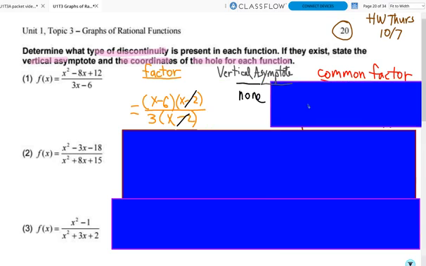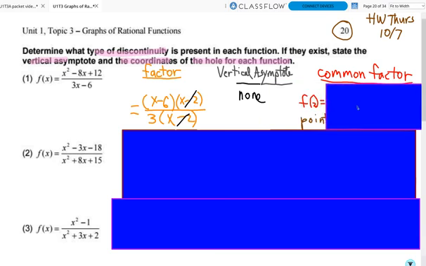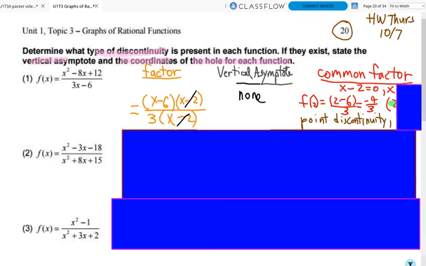There is no vertical asymptote because there is no factor or variable in the denominator anymore. Once I cancel the common factor in the numerator and denominator, that canceled factor represents the hole. So I set x minus 2 equal to 0, and I get x equals 2 as the x value.